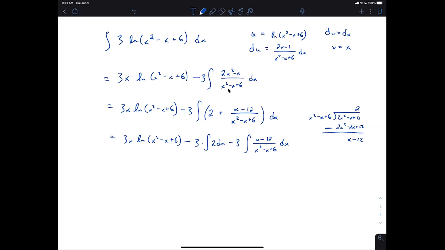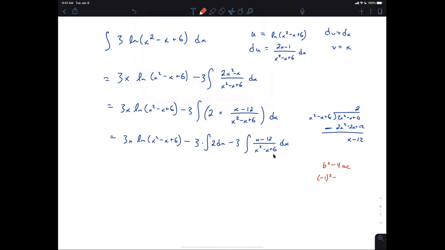Okay, questions to there? Now, it would be ideal if that was factorable, but it's not. And it's an irreducible quadratic. You know that because b squared minus 4ac, the thing you get from the quadratic formula, is negative.